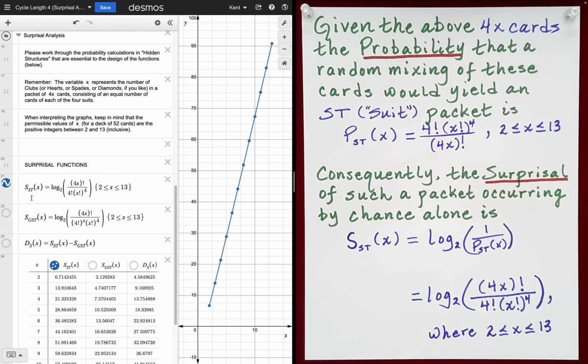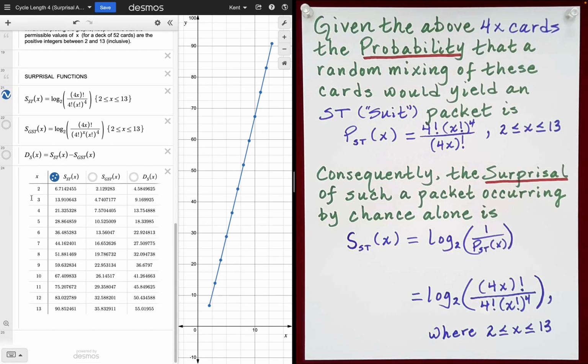Now, as we saw in the previous video dealing with cyclic structures having cycle length 2, the surprisal, or likelihood, of a random shuffling of the deck resulting in such a highly structured organization of the cards is very unlikely. In fact, we can come down here on the chart. Remember, our x values need to be multiplied by 4 to get the total packet size.